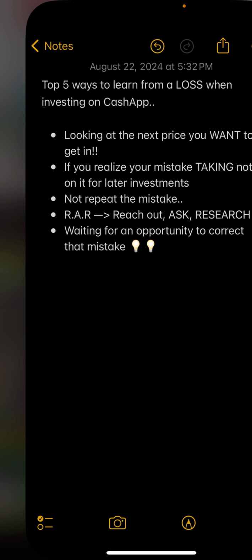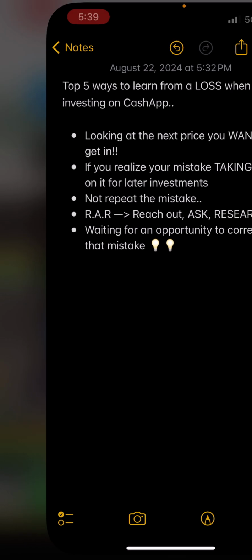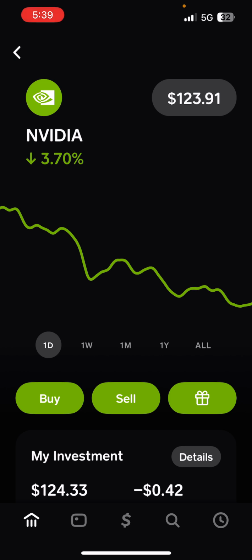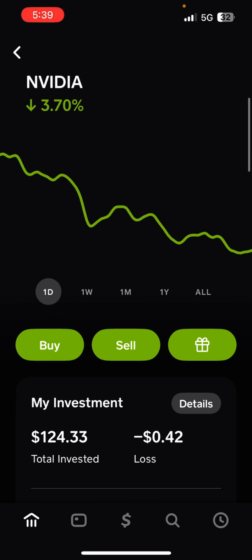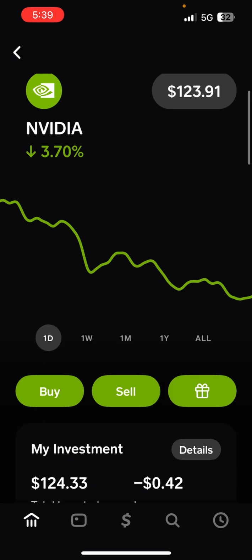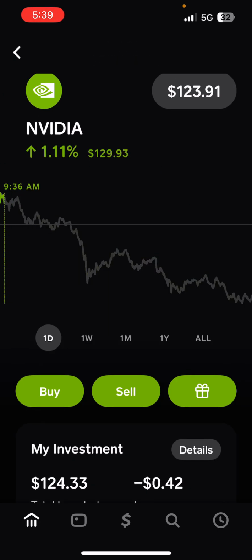Waiting for an opportunity to correct that mistake. Now what I mean by this is, sometimes you could get in the wrong position, right? You can get in when a stock is high and you feel like, oh my god, I shouldn't have got in, right? But what happens when a stock is usually high? It's going to come back down because people want their profit. They're going to sell.